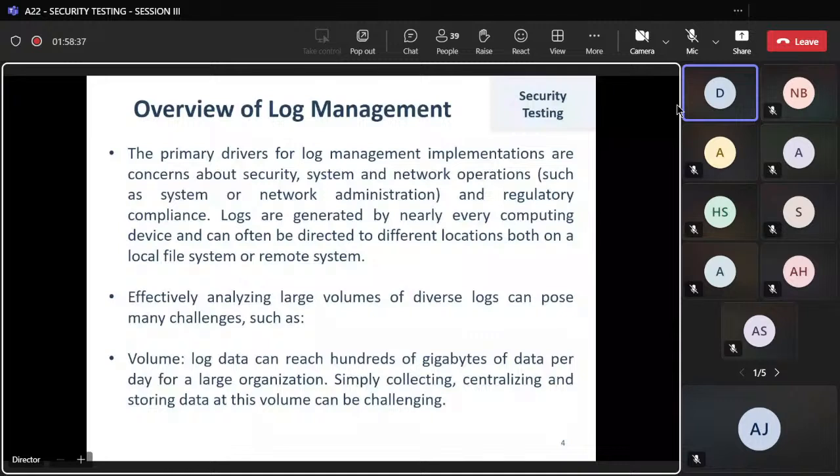Analyzing large volumes of logs can pose many challenges, because sometimes the log data can reach hundreds of gigabytes even per day for larger organizations. It will also be very challenging if you simply collect, centralize and store. There need to be activities that help identify potential threats. If you start analyzing all the logs, probably the major volume will be BAU activities.